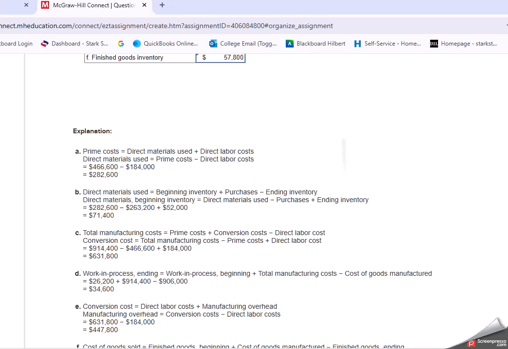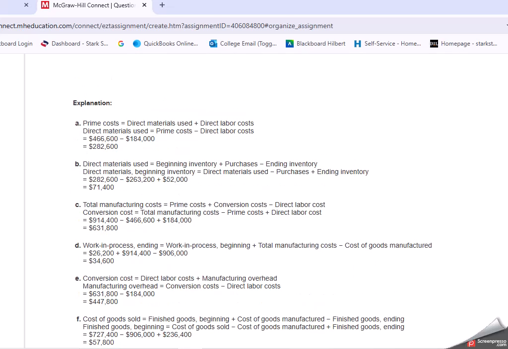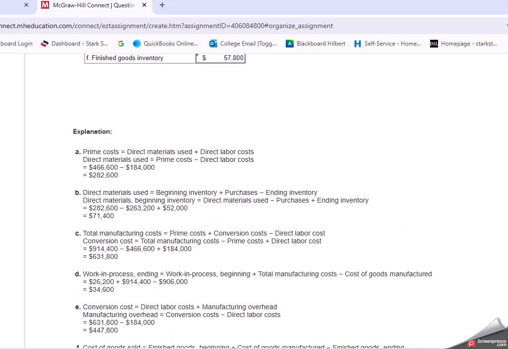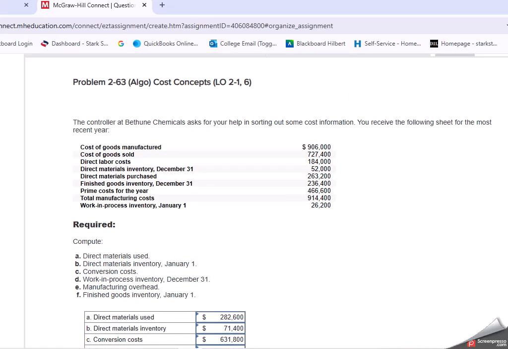So then you get the 631,800. Then our work in process inventory, what do they give us for that? We have the beginning inventory of 26,200 plus our cost of goods manufactured, 906,600. Sorry, I did that in reverse.